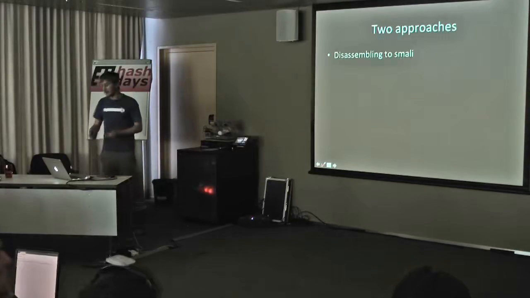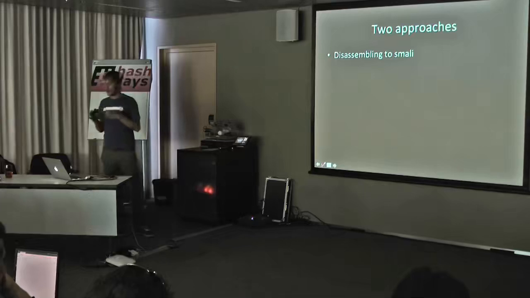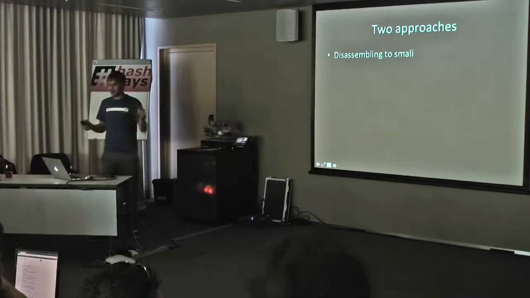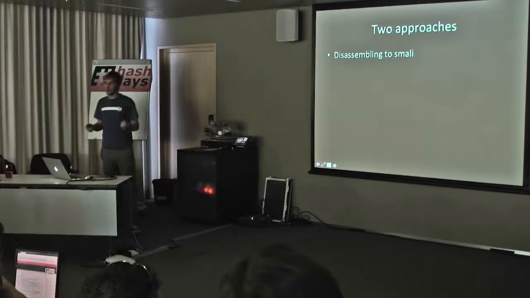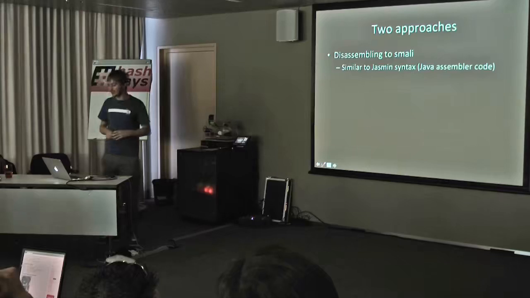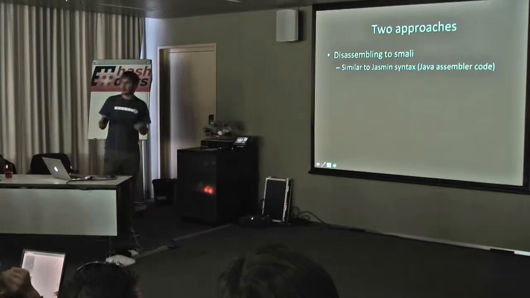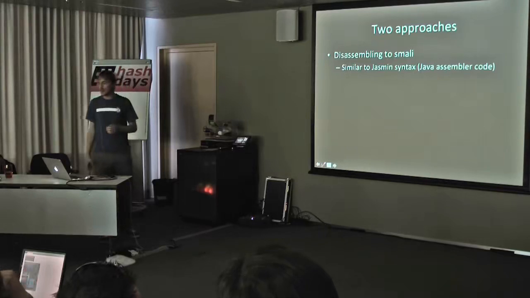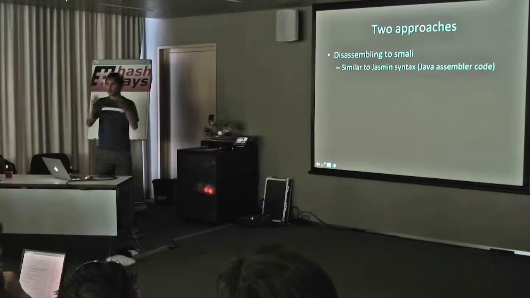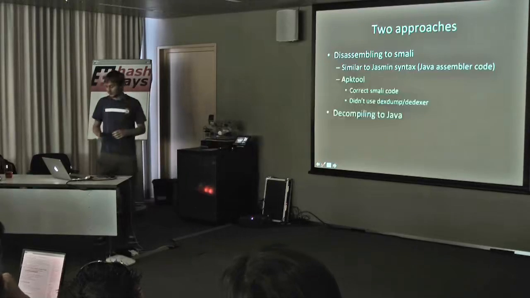So we have basically two approaches if you want to decompile and disassemble. Disassembling is done with smali code. Smali is similar to Jasmin syntax. Jasmin, I hope somebody knows it. It's Java assembler code, like assembler code for Java, and smali is very similar to it.